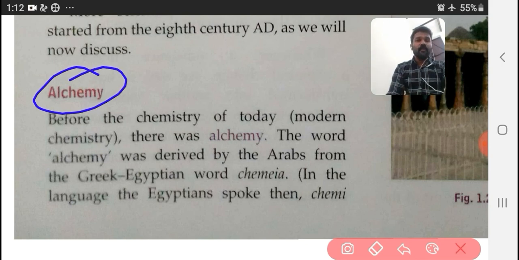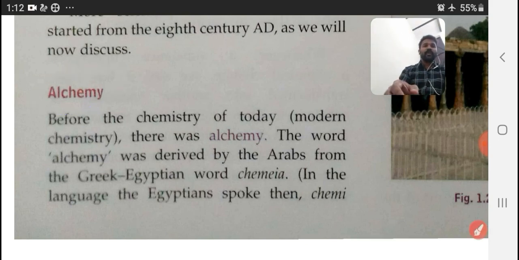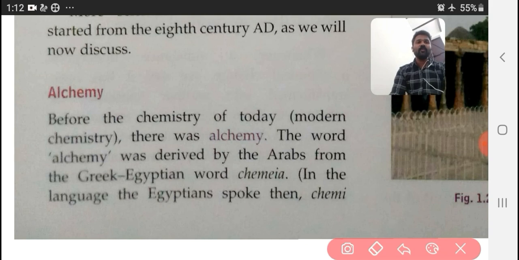Before today's chemistry, known as modern chemistry, there was alchemy. The word alchemy was derived by the Arabs from the Greek Egyptian word chemia. Please underline these words. These words are new for you.